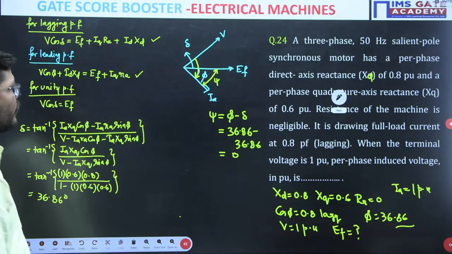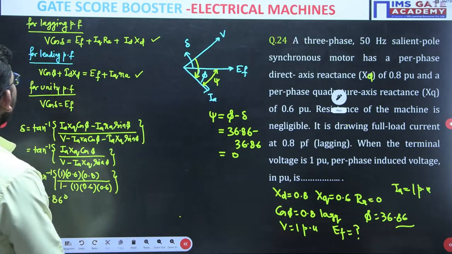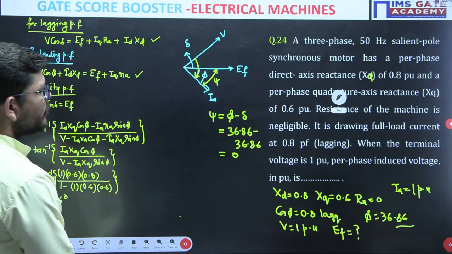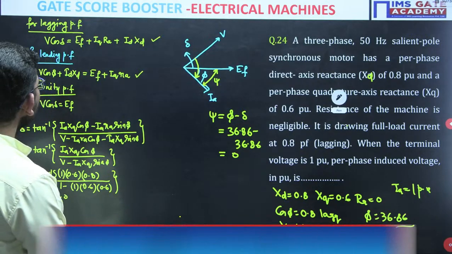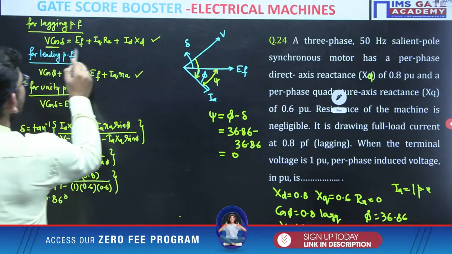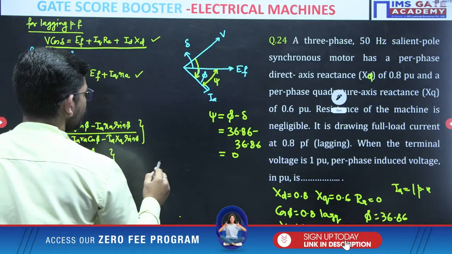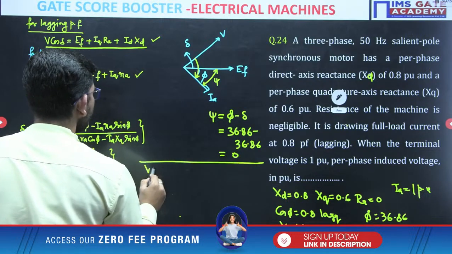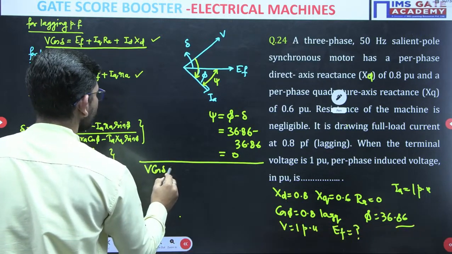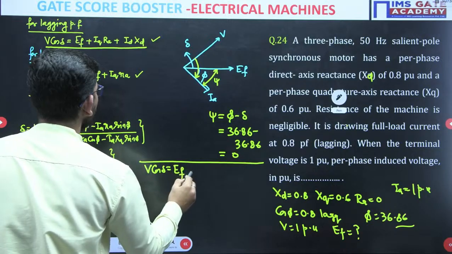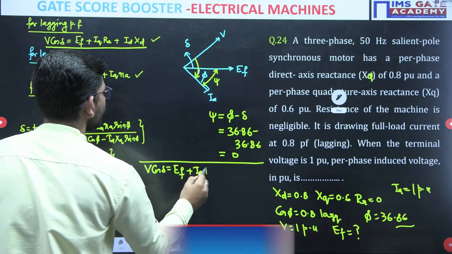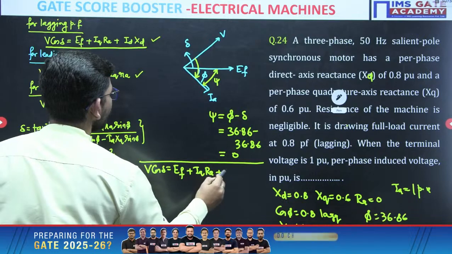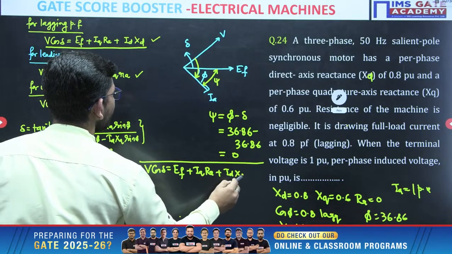Got it? Now, psi value we have calculated. Which formula we have to use? We have to use the lagging power factor formula. So our formula that we will be using is V cos del equals EF plus IQ RA plus ID xd.